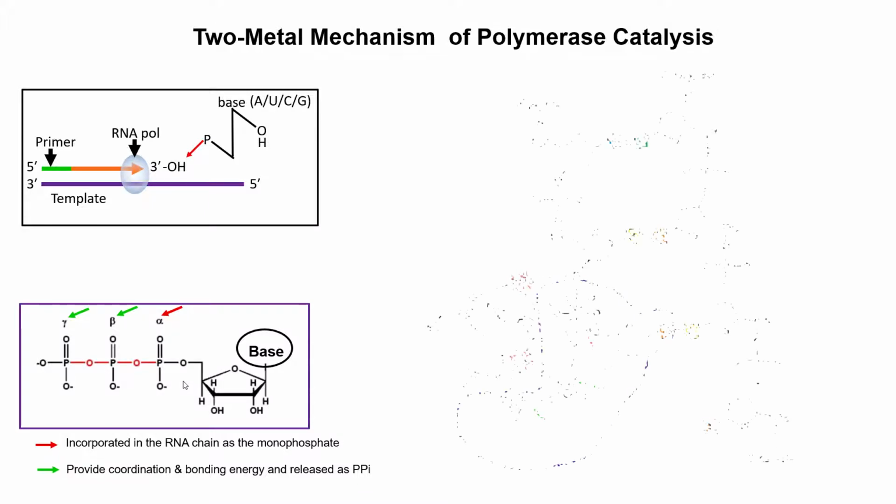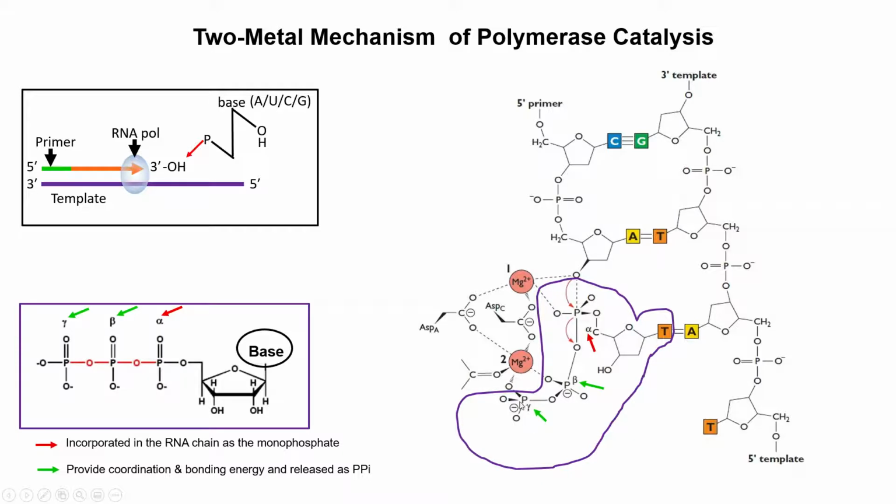All right, so how does the two-metal mechanism happen? Here we are looking at a double-stranded example of a DNA. You have a 5' to 3' chain, and this is the other complementary strand, also 5' to 3'. And you can see right here, you have A, and just think that this is reversed, like it is upside down.